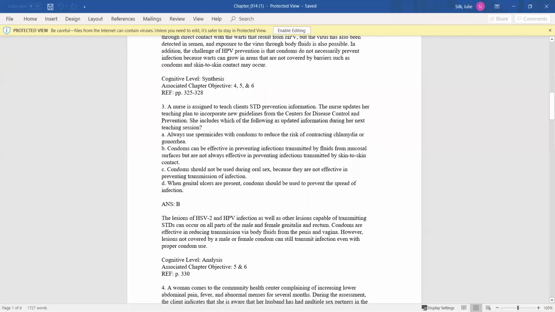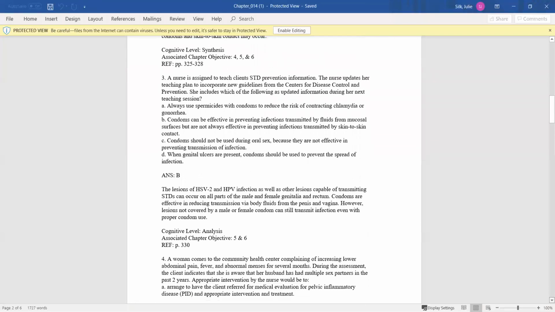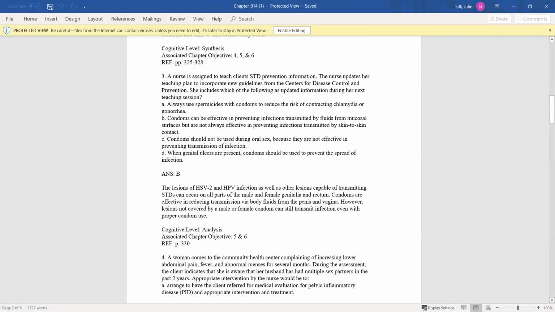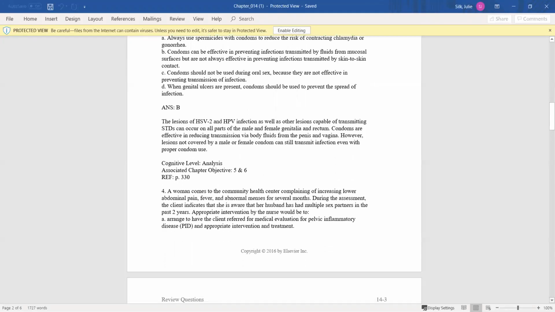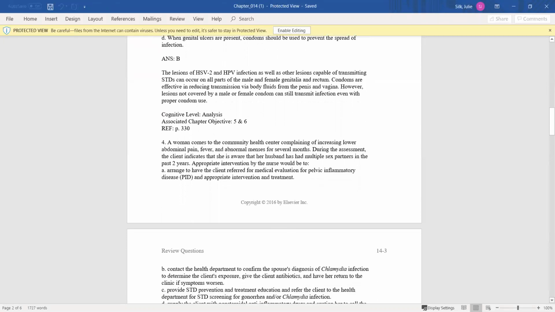All right. A woman comes to the community health center complaining of increasing lower abdominal pain, fever, abnormal menses for several months. During the assessment, the client indicates that she's aware that her husband has had multiple sex partners in the past 2 years. Appropriate intervention by the nurse would be to do what? Page down without showing you the answer here.